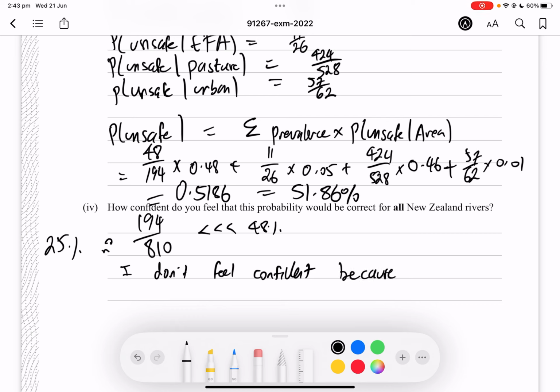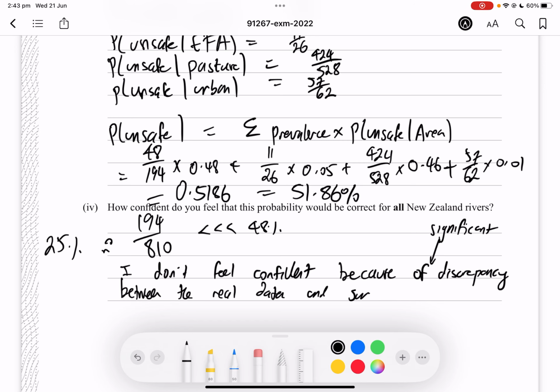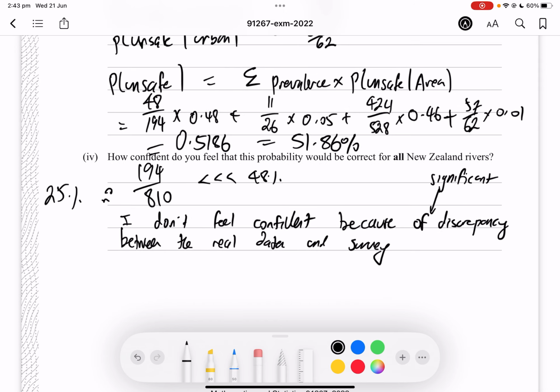So we say that I don't feel confident because of a significant discrepancy maybe between the real data and survey. For native vegetation, the actual proportion was 48%, but for the survey, it is around 194 over 810.